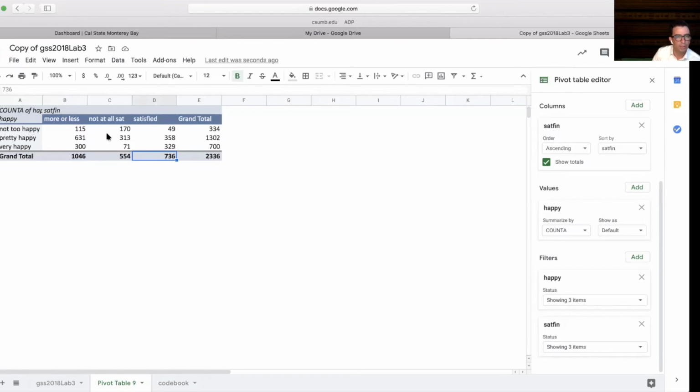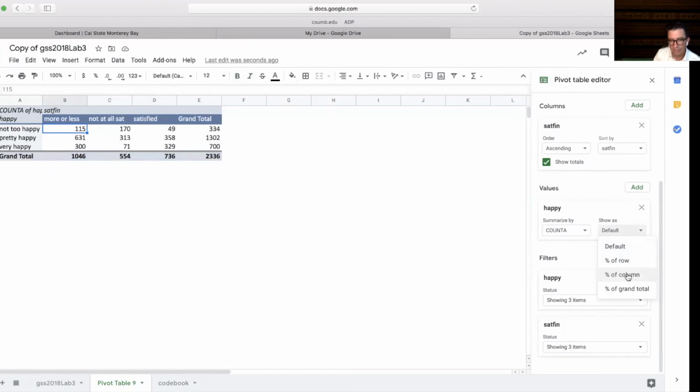All right. Now, because we want relative frequencies to assess a relationship, to change this to relative frequencies, we will go to values, and then show the values as percent of row, percent of column.